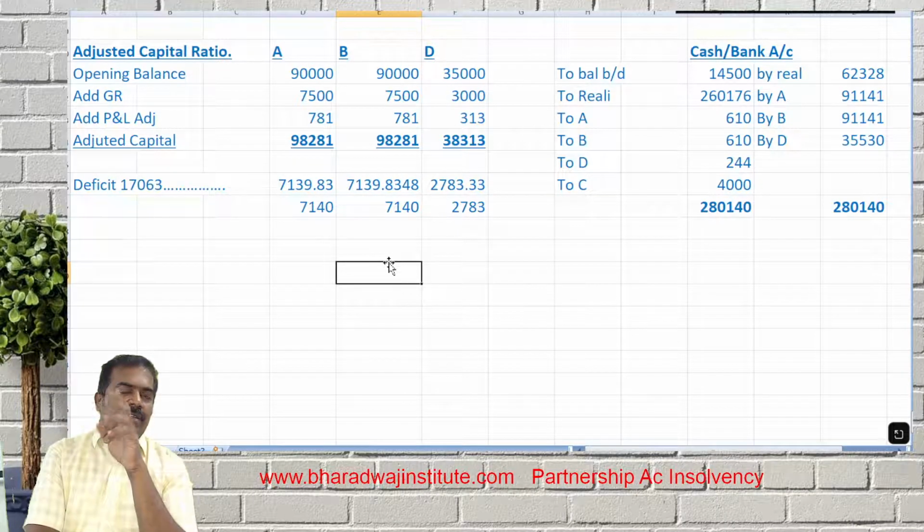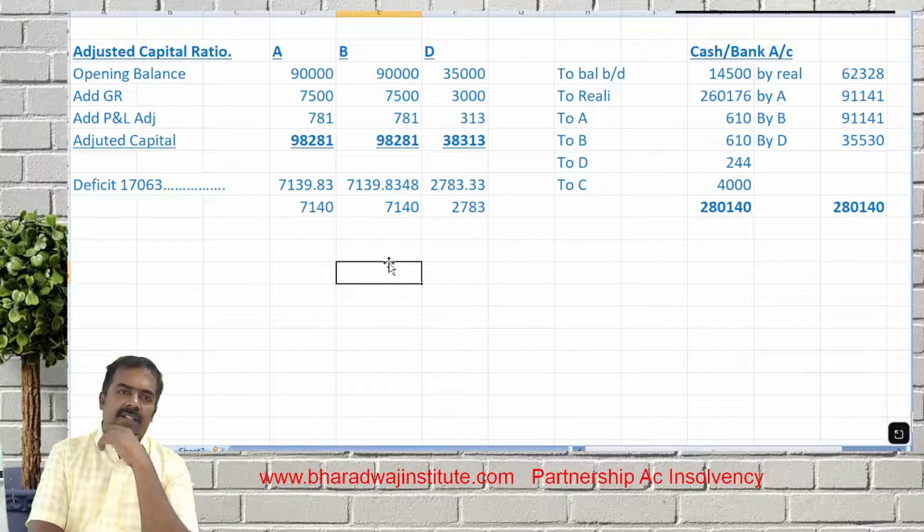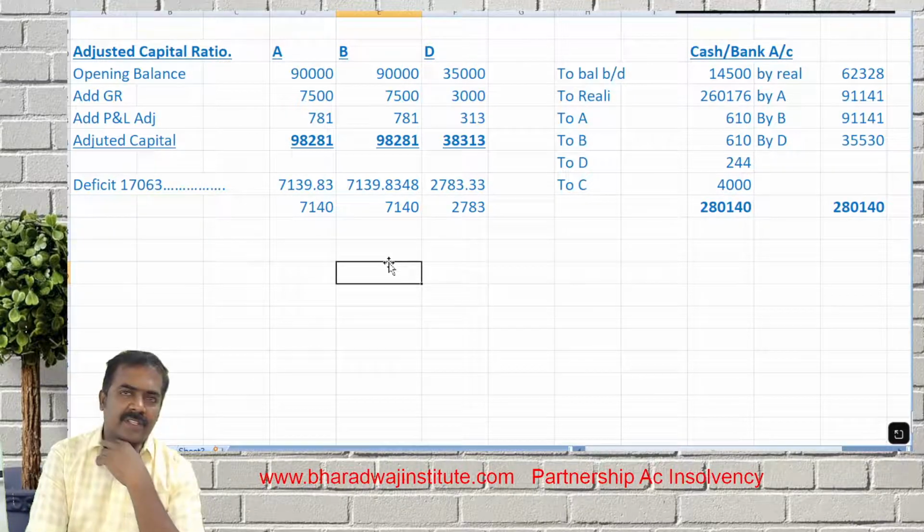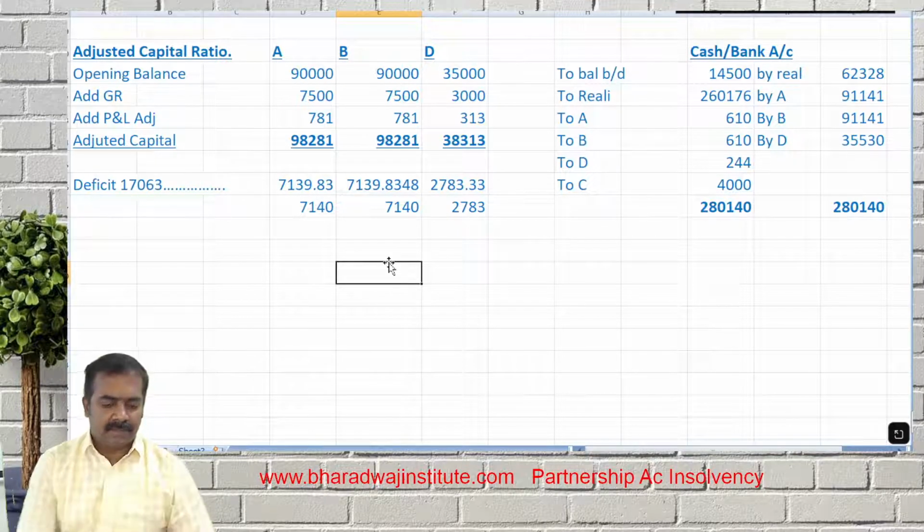Here, the omissions: in the last problem, debtors and investment were pre-dissolution events. That's why that is rectified first before we start with which one? Dissolution.